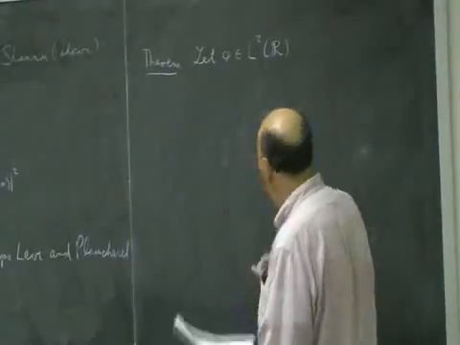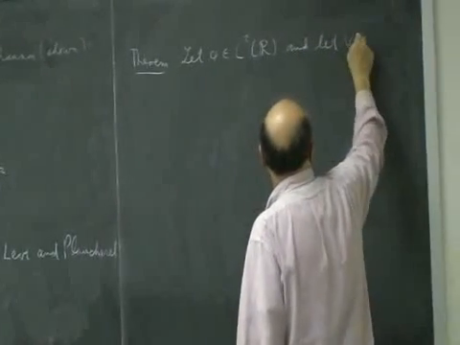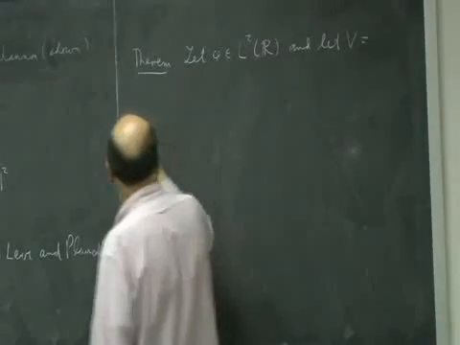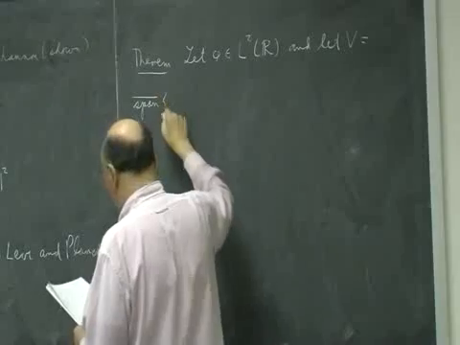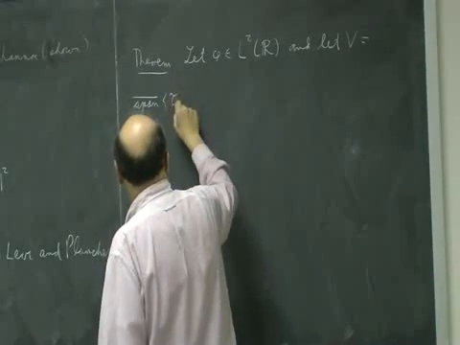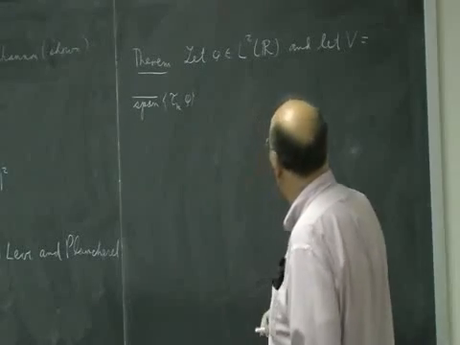So let phi be in L2 of R, and let V be equal to the closed linear span of tau k phi. Okay?